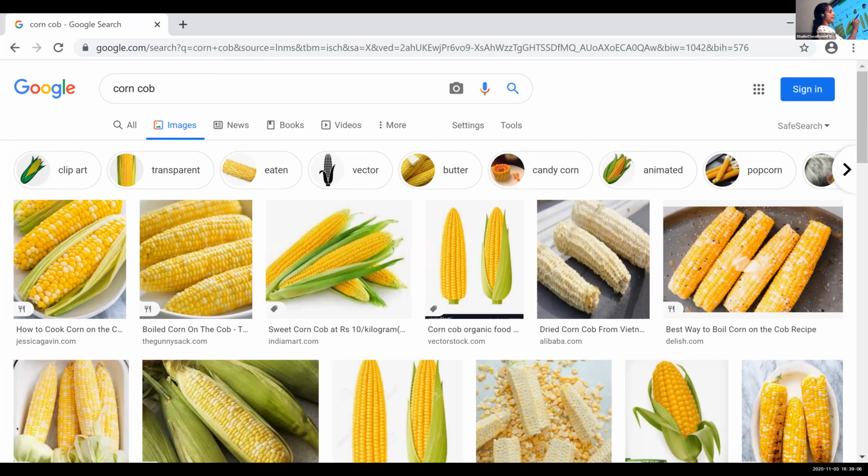It is like a curved surface. All grains are arranged on the curved surface of the corn, isn't it? Yes, ma'am. Okay, so next our question is a corn cob question. Children, look at this image.